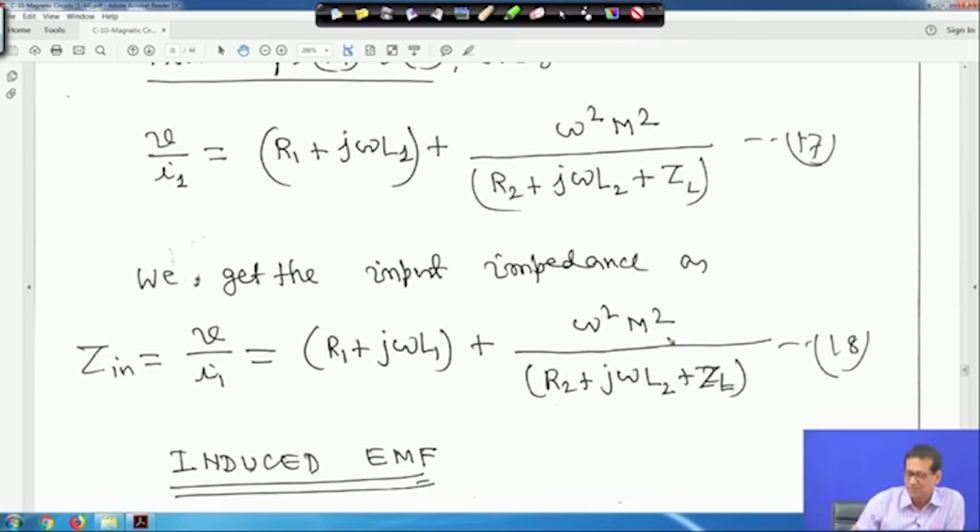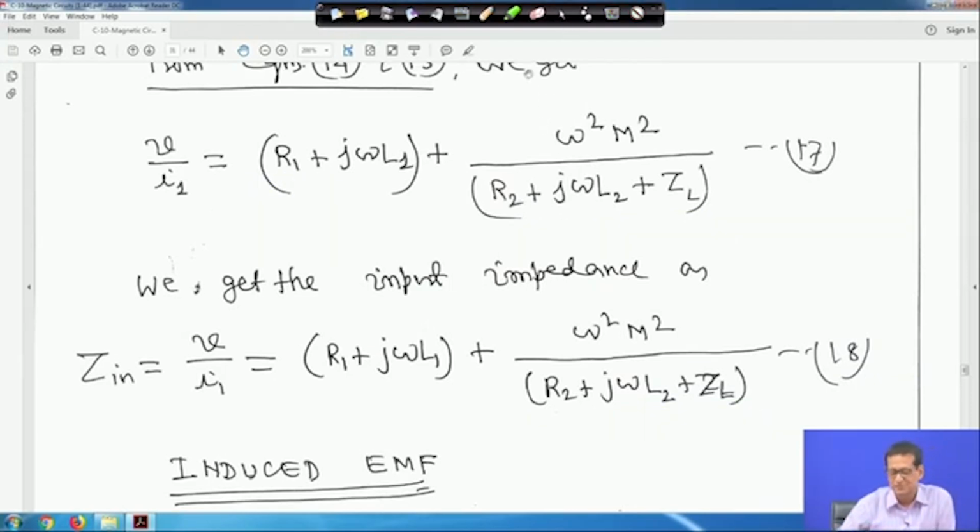When mutual coupling is not there, M is equal to 0, so this term should not be there, and it will be only the impedance of coil 1. But due to the mutual inductance, this term is added. So this is the reflected impedance of the circuit, that is omega square M square upon this one. This is equation 18. This is simple, you solve it and find it out. I have written the final expression.